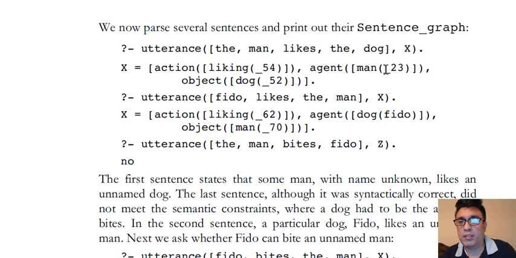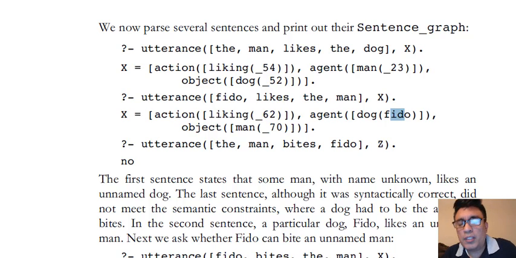In this case, the man, underscore 23, we don't have the name, but it's a name, and is liking an object, in this case we have the definition that this is a dog. In this other case, the dog likes the man, and here the agent, which is the dog, is not an unknown dog, it has a name, so it's a specific dog that likes an unknown man because it's not described in the sentence.